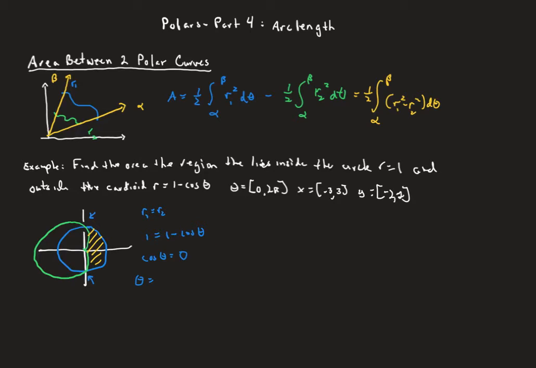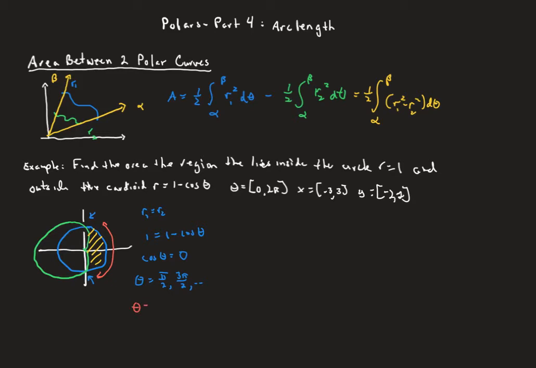Now, here we have to put some thought into where cosine theta is equal to 0, and certainly that would be pi over 2 and 3 pi over 2, and we could keep going on and on. But we want to look at our graph and know that we want this region that's going to be kind of in between here. So as we go from those points of intersection, we want to sweep like Doppler radar in a continuous motion.